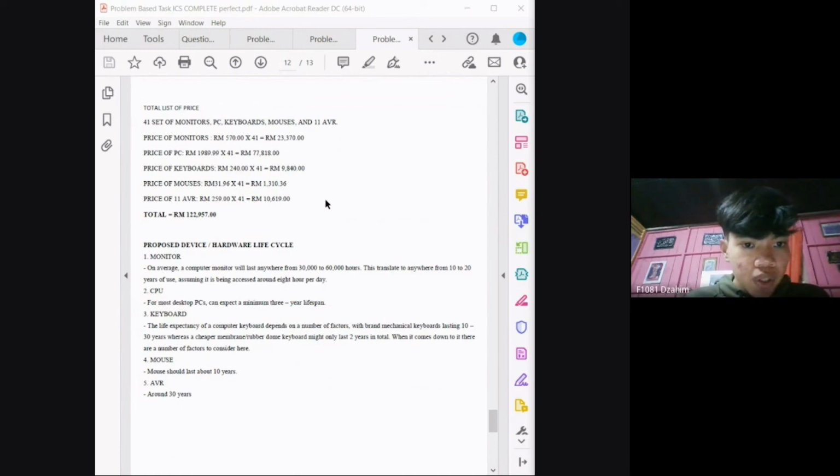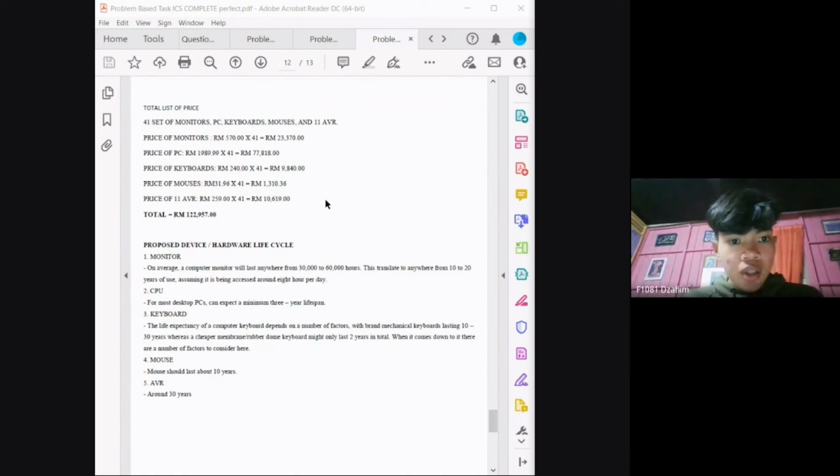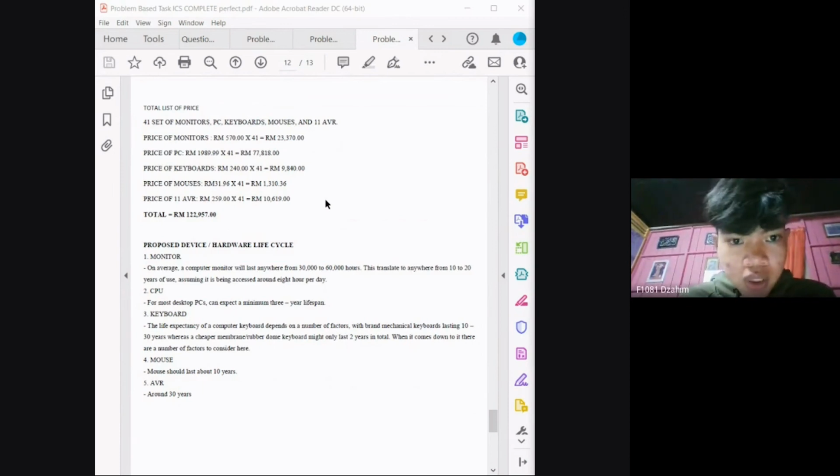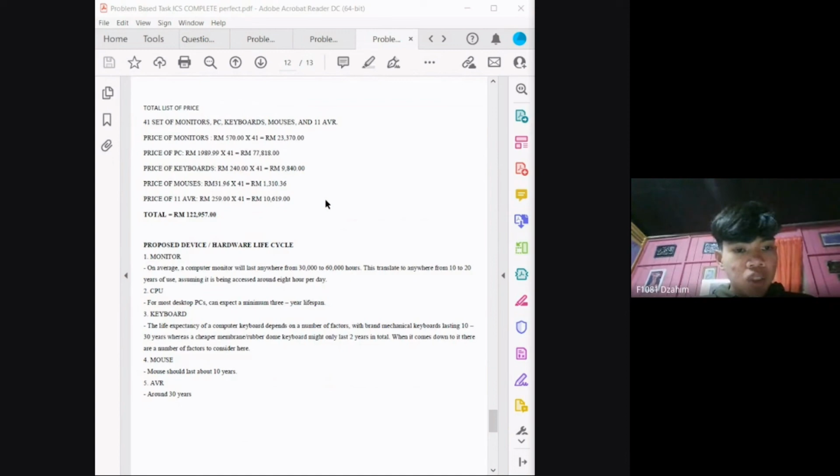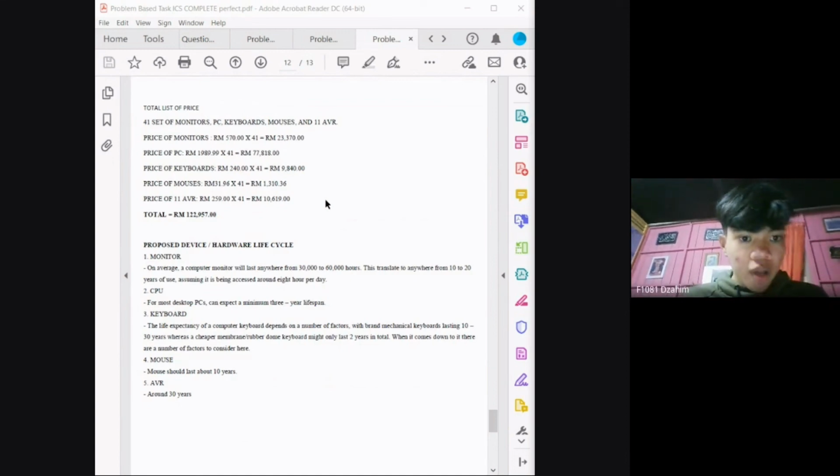Price of keyboard: 214 ringgit multiply 41 equals 9,840 ringgit. Price of mouse: 31 ringgit and 96 cents multiply 41 equals 1,310 ringgit 36 cents.